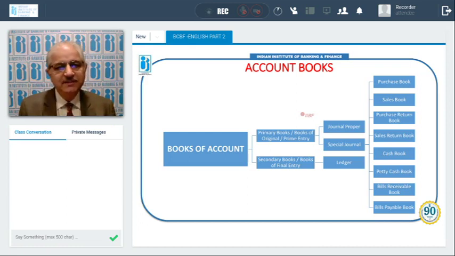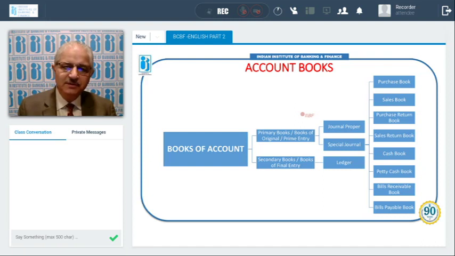When we were discussing double entry bookkeeping, we were talking about debit and credit. So in journal proper, since each transaction has two aspects, we have to debit a particular account and credit another account. Both these aspects, debit and credit, are to be expressed in monetary terms, in terms of money.